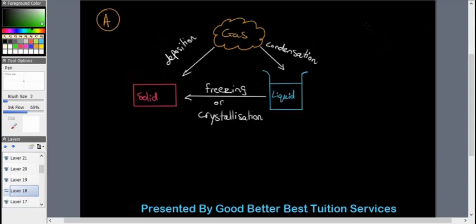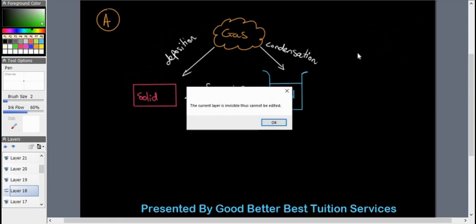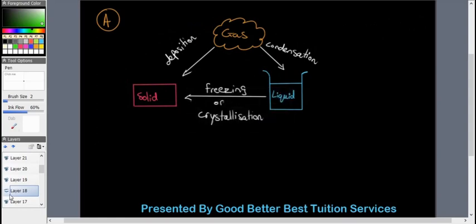And A, this was of course a release of energy. Just note those two in your drawings.